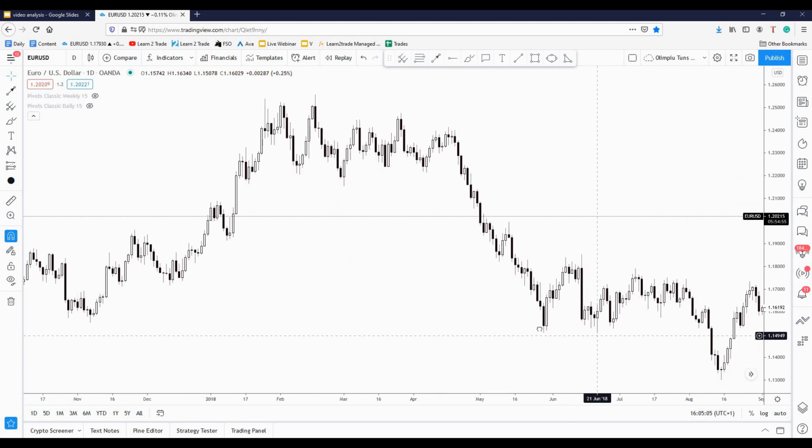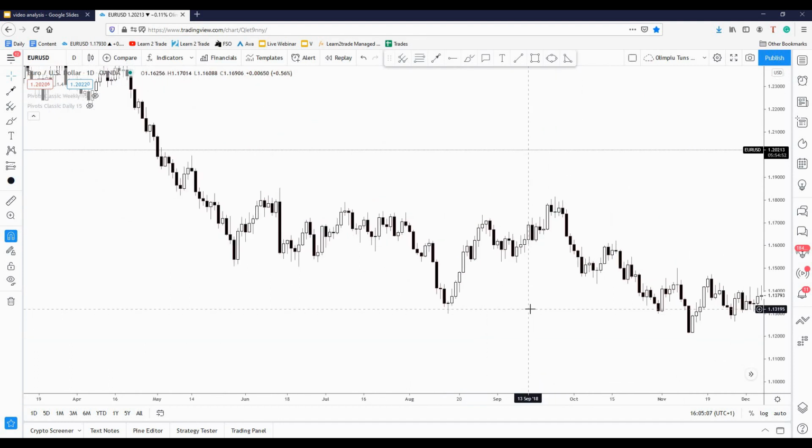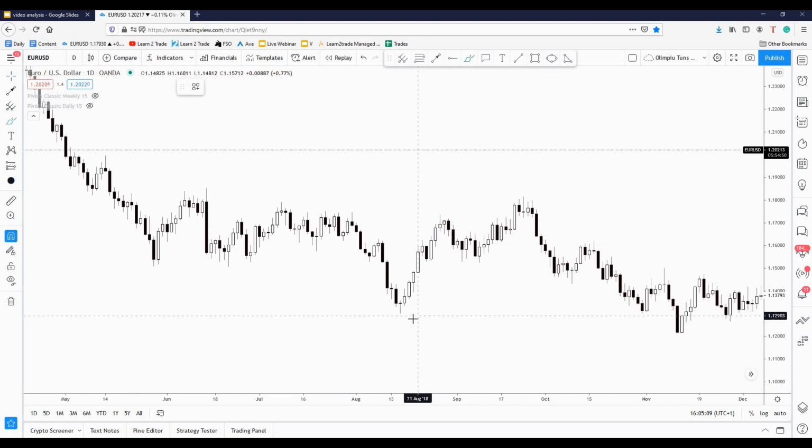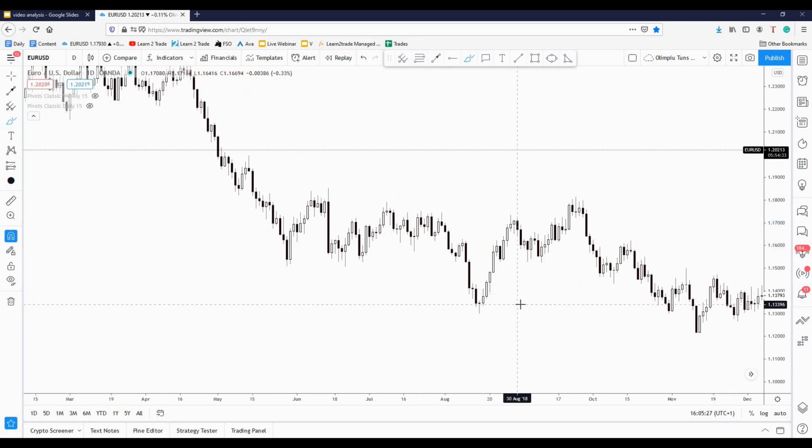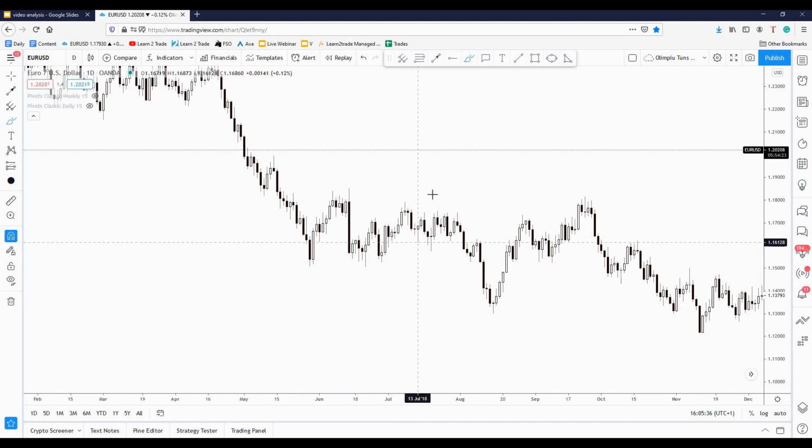And as I told you, when we have a bullish pin bar, like in our case, you should wait for a strong bullish candle before entering long. Okay, so you have to wait for your pin bar to be confirmed by a strong bullish candle, or by a strong bearish candle before going into the market.